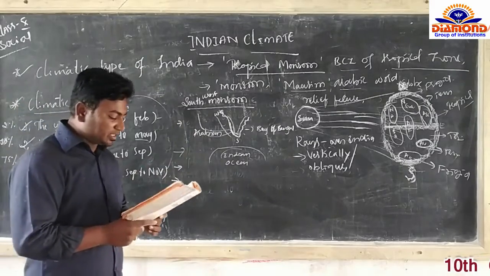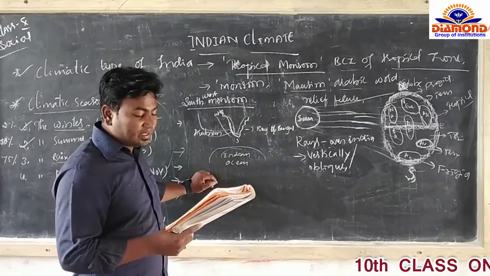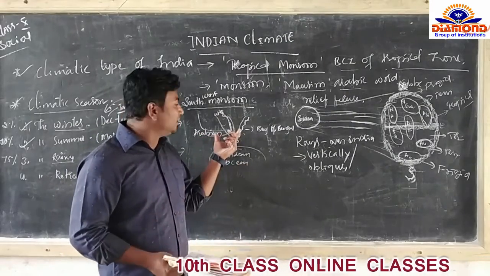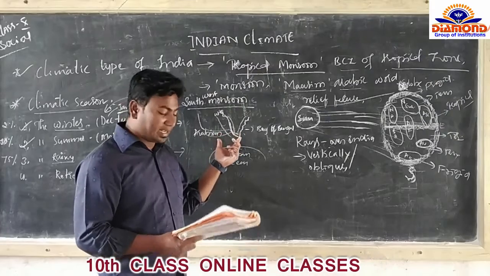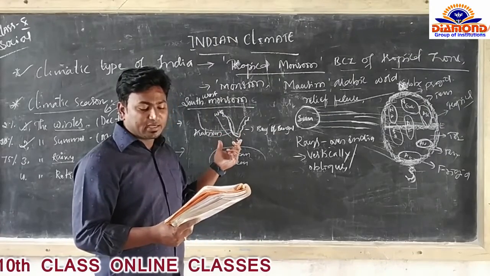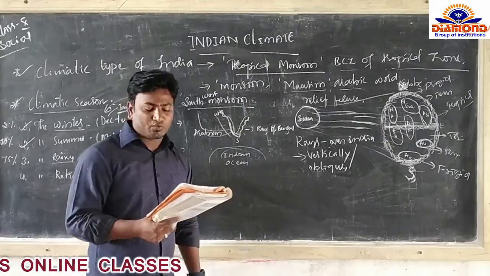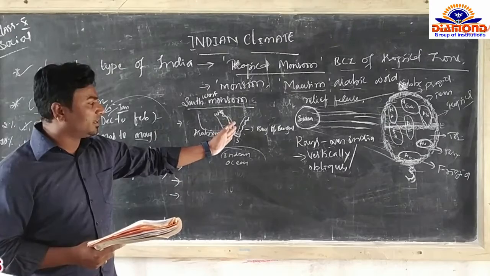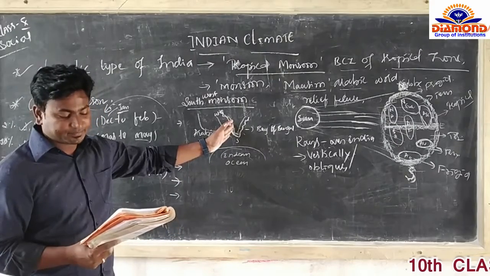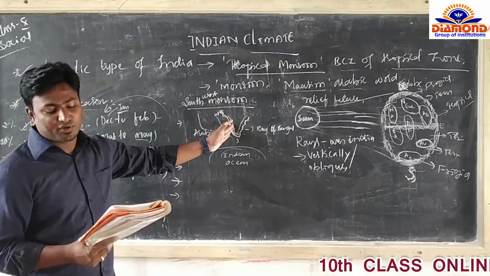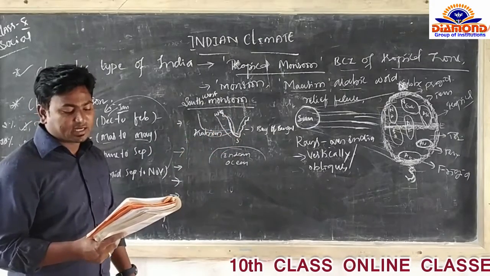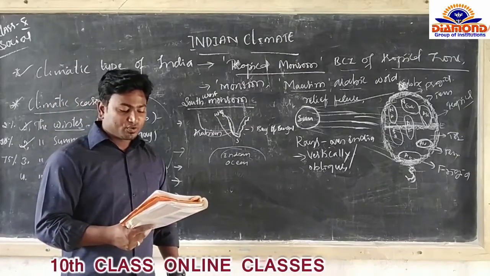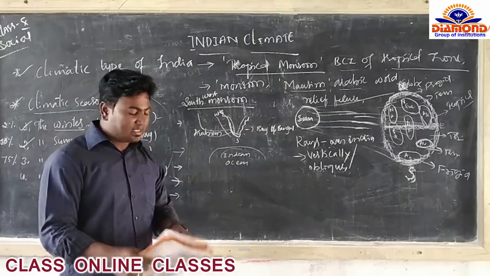One branch is from the Arabian Sea, going towards India. Another is the Bay of Bengal branch. The Arabian Sea wind strikes the Western Ghats, so it causes heavy rainfall on the western side of the Western Ghats. The rainfall decreases towards the eastern slopes of the Western Ghats as it lies in the rain shadow area.